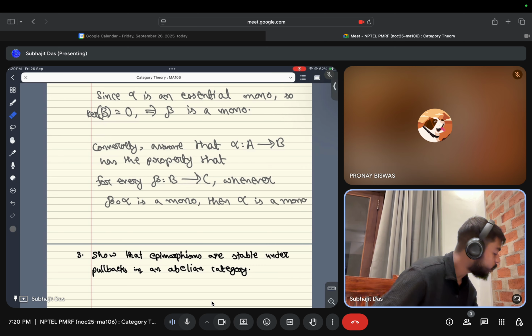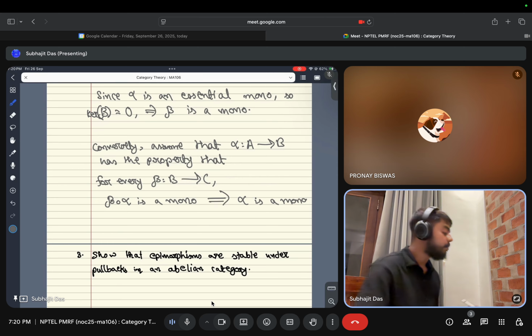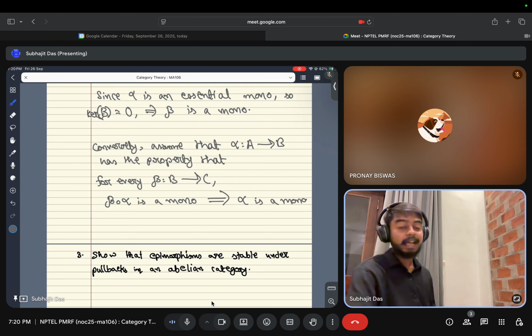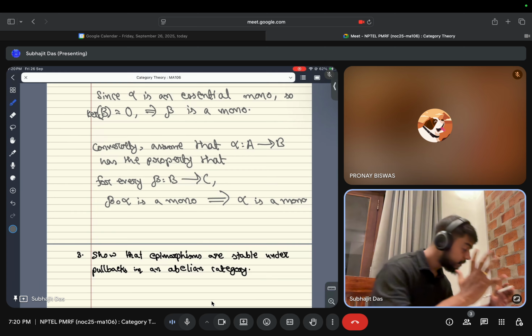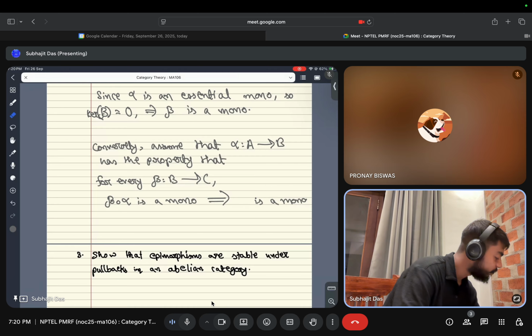So then is probably not the right thing to say. Beta composed alpha is a mono implies beta is a mono. I'm sorry, implies beta is a mono.